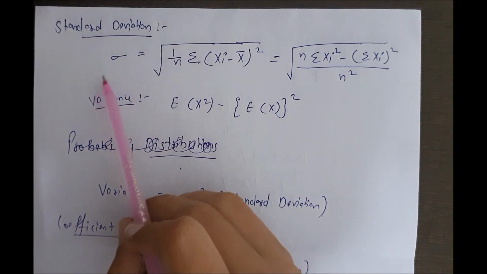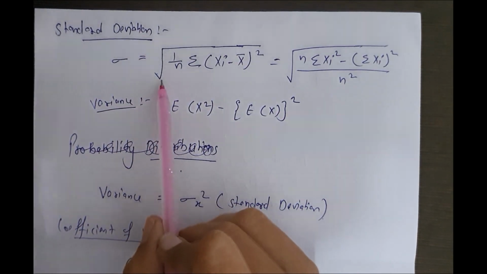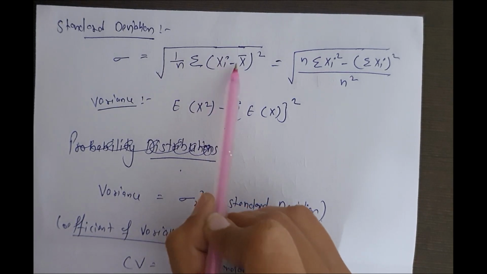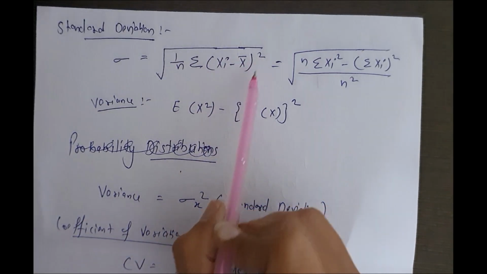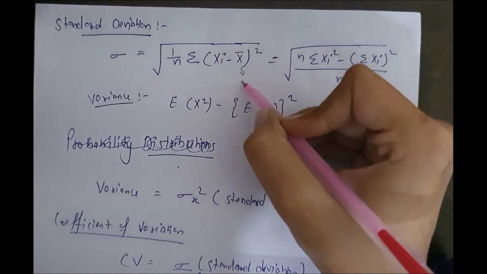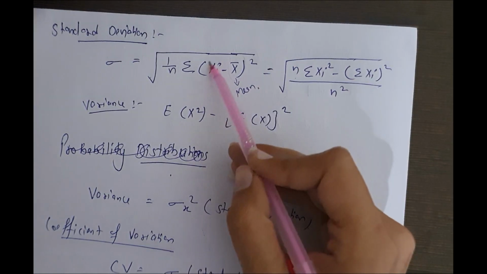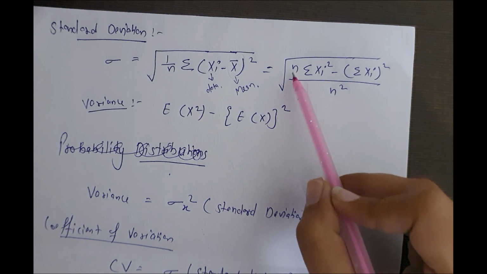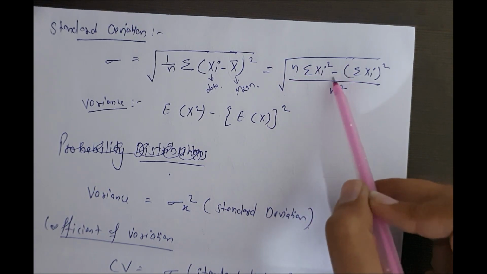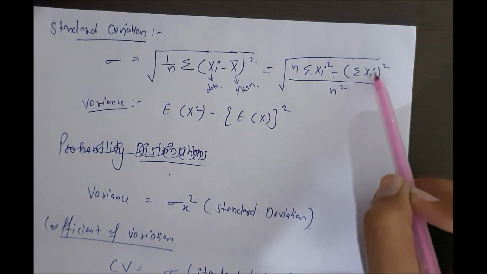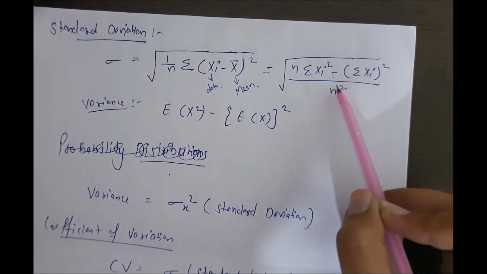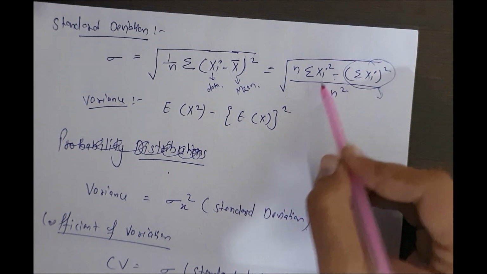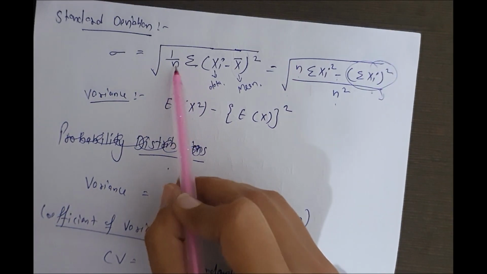Now standard deviation. How do we find standard deviation? That is the root of 1 upon n summation of xi minus x bar whole square, where x bar denotes the mean and xi represents data. That is equal to root of n summation xi square minus summation of xi whole square upon n square. If you expand this, it will come out to be this.